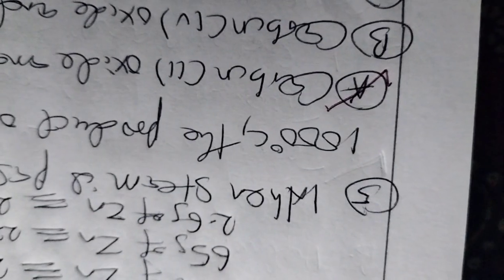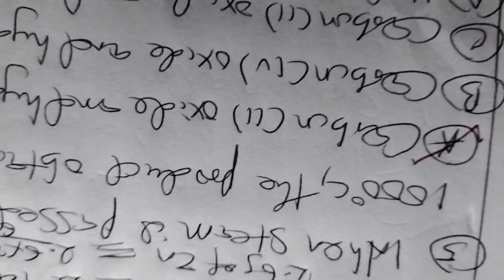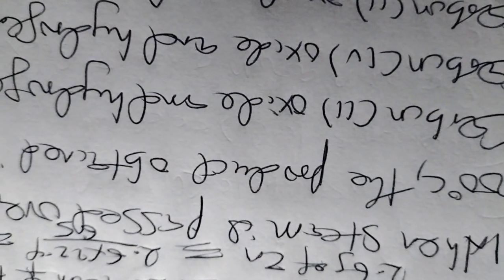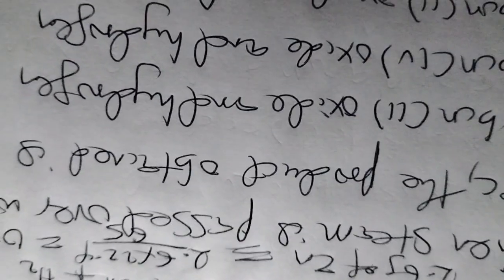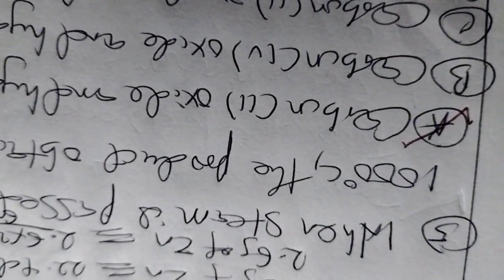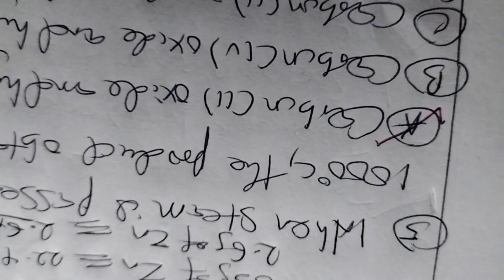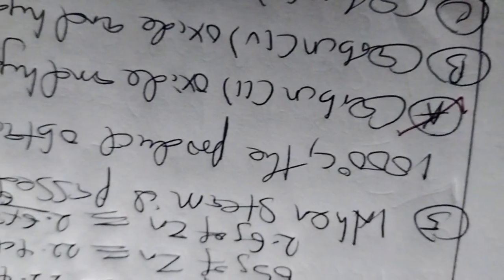The answer to number 5 is option A, carbon(II) oxide and hydrogen, because when you pass steam over red hot coke, it produces an equal volume mixture of carbon(II) oxide and hydrogen called water gas. So the answer to number 5 is option A.